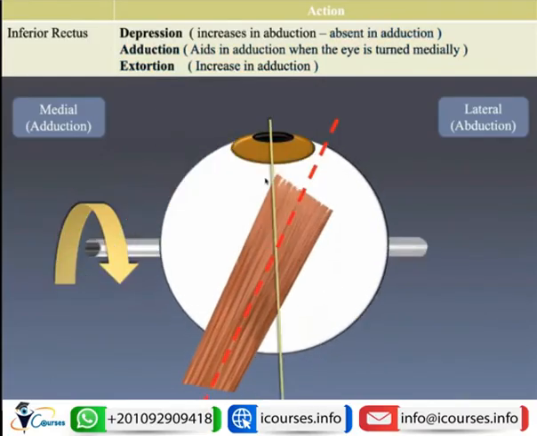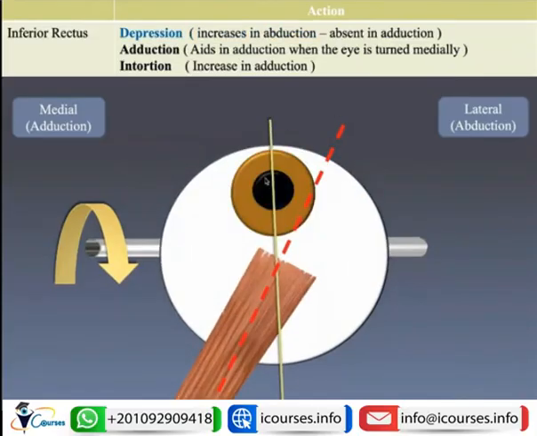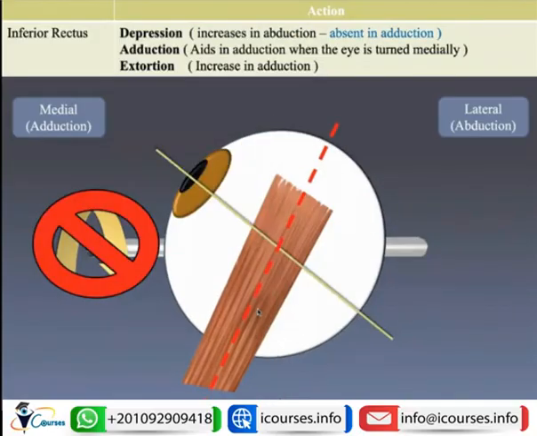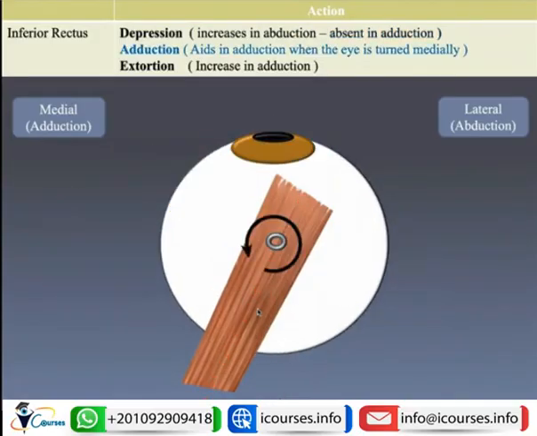So again, the main action of the inferior rectus will be depression. As you can see here, there will be depression as a main action. This depression increases in abduction and is absent in adduction. Also, it has a secondary action: the axis of the muscle is the insertion of the muscle, which will cause rotation of the globe medially and laterally.